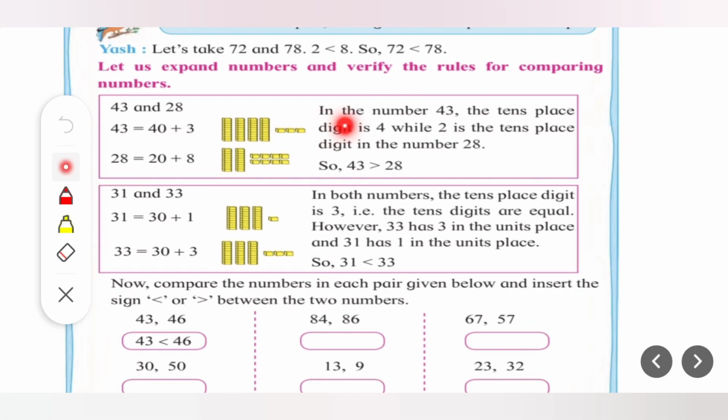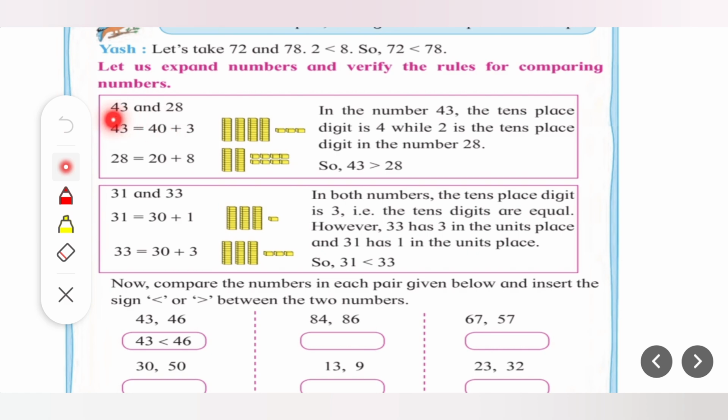So look here, in the number 43, the tens place digit is 4, while 2 is the tens place digit in the number 28. Okay, now you can compare 43 and 28. In the tens place, both the digits are different.